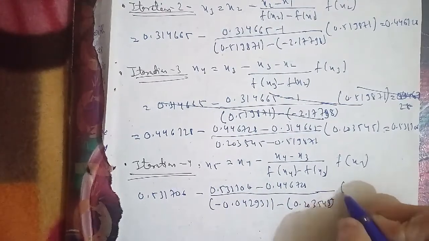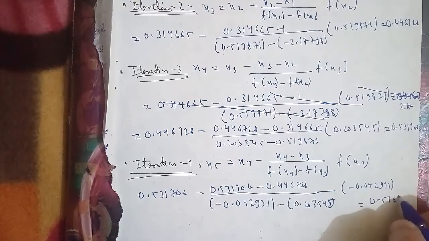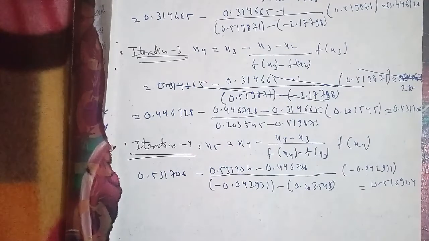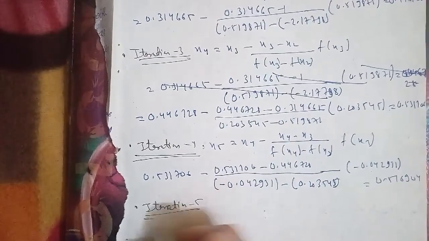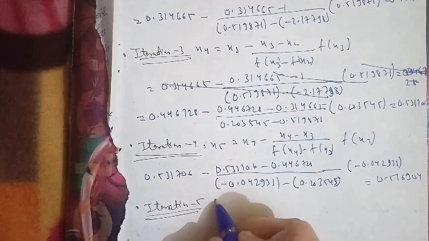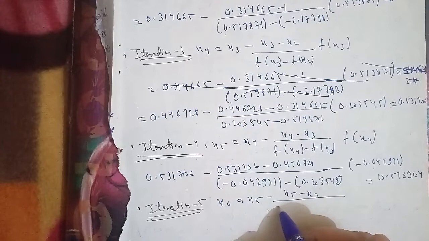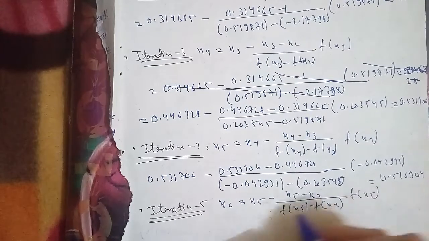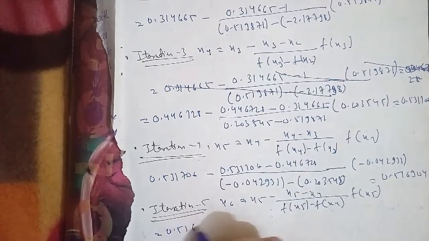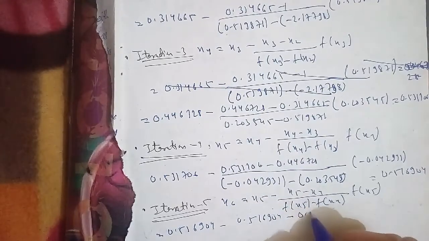For that we have upon 6904 minus 6904, that is equal to 5.7747.